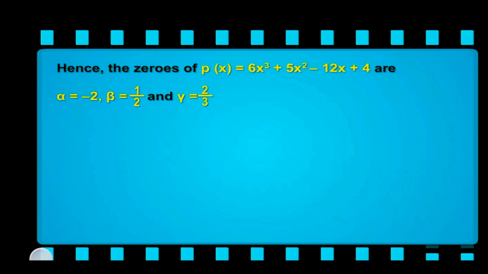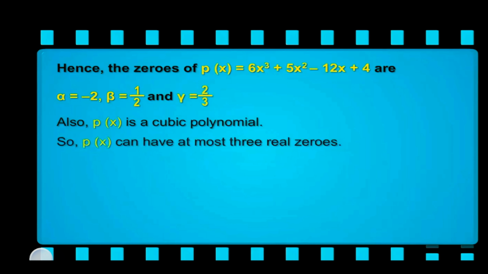Hence, the zeros of p of x is equal to 6x cubed plus 5x squared minus 12x plus 4 are alpha is equal to minus 2, beta is equal to 1 upon 2 and gamma is equal to 2 upon 3. Also, p of x is a cubic polynomial, so p of x can have at most 3 real zeros.